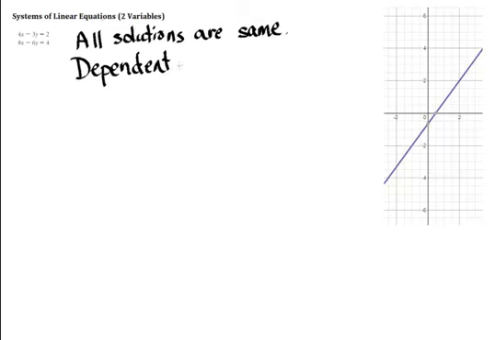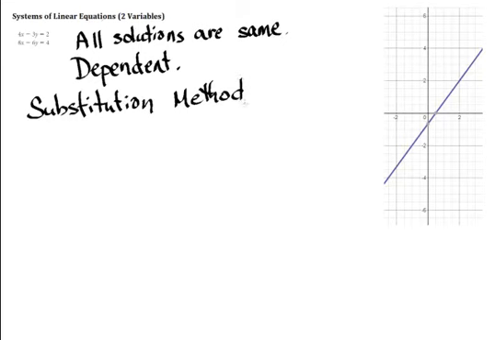So let's see what happens if you didn't graph it and you use, let's say, the substitution method. Now, I'm not really crazy about using the substitution method for this one because I've got to write either y equals or x equals, and that makes this a really messy problem.